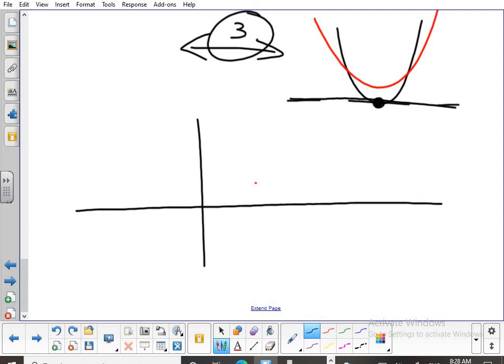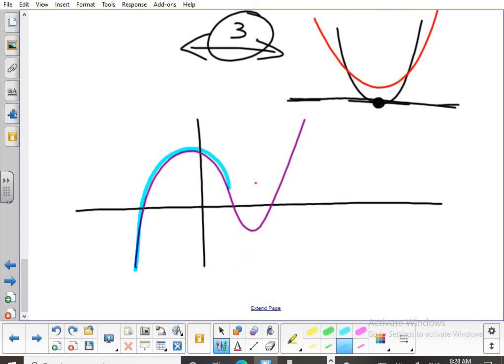Because a cubic function normally looks something like that. I'm going to get there hopefully sometime this week. You see there, it's like two parabolas, and there's a point where they get together. That point has a name, it's called the point of inflection.